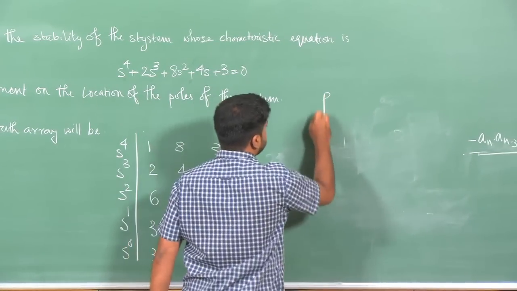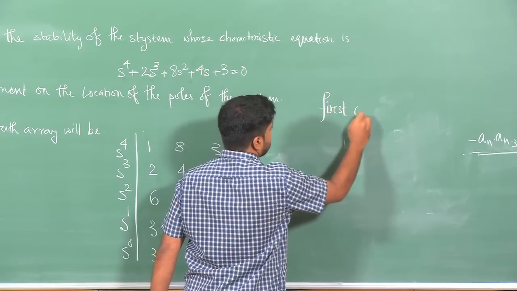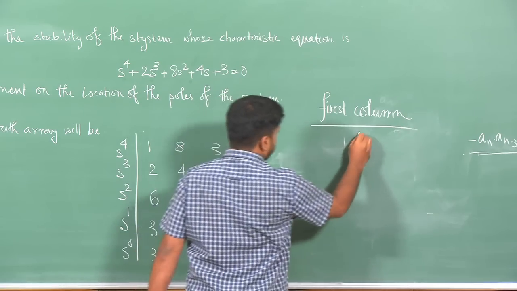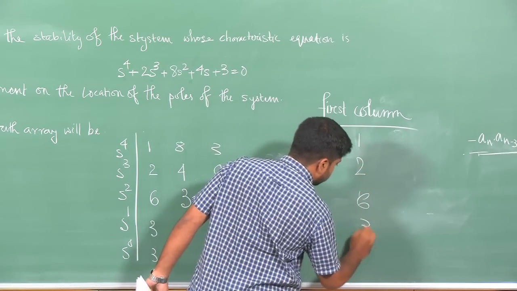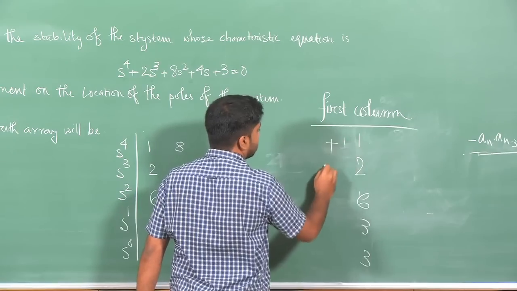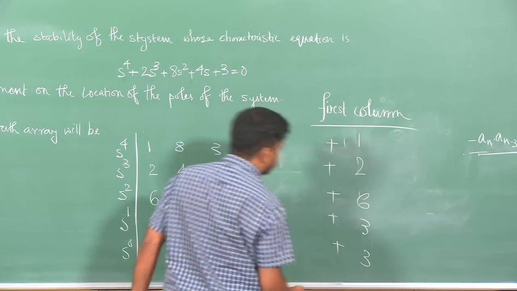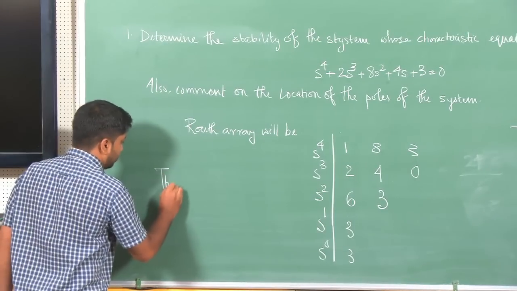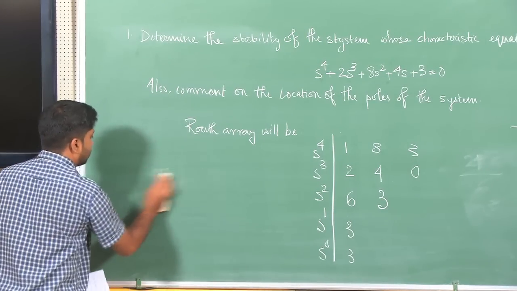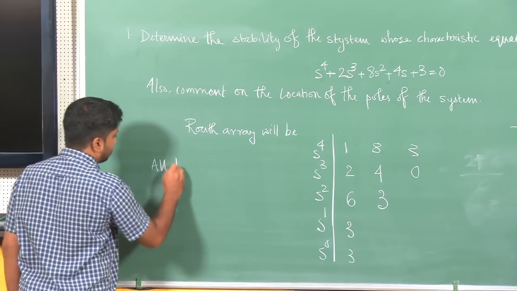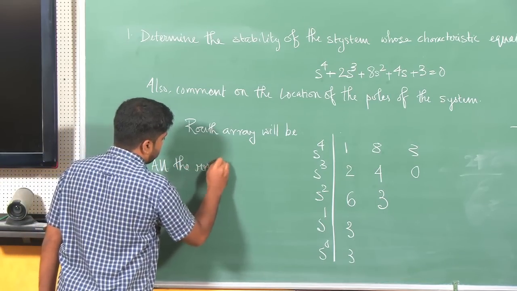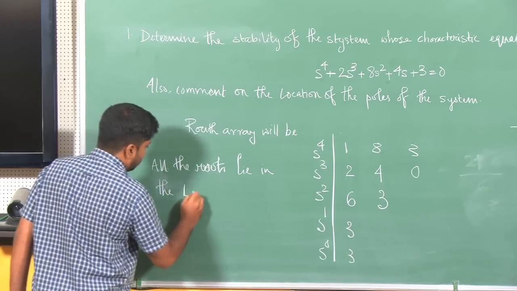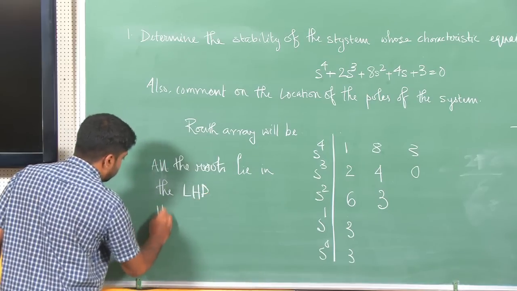The first column is 1, 2, 6, 3, 3. So, the signs are all positive, so there is no sign change. So, we can say the system is stable. Sorry, all the roots lie in the left hand plane, hence the system is stable.